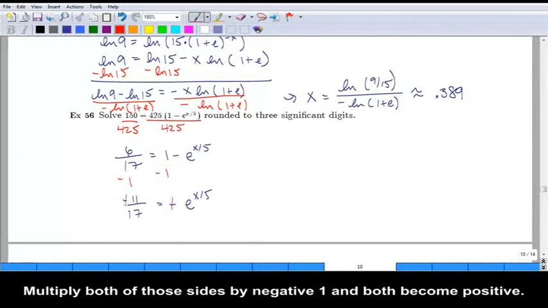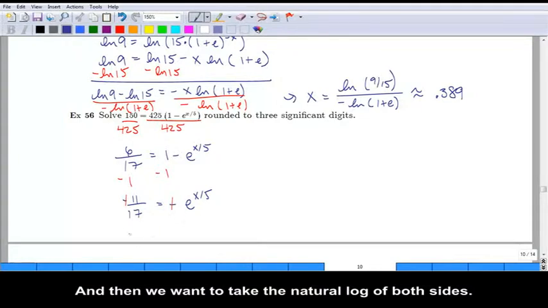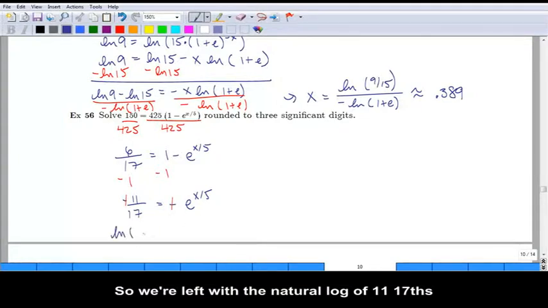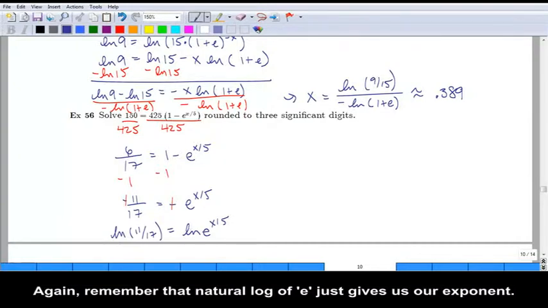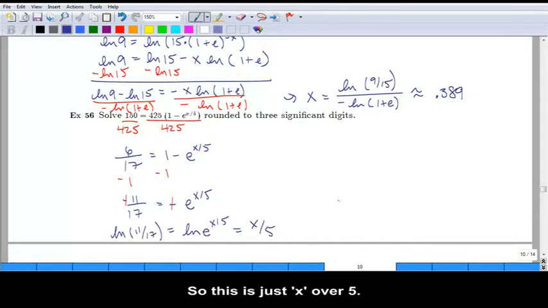Multiply both of those sides by negative 1 and both become positive. And then we want to take the natural log of both sides. So we're left with the natural log of 11/17 is equal to the natural log of e to the x over 5. Again, remember that natural log of e just gives us our exponent. So this is just x over 5.